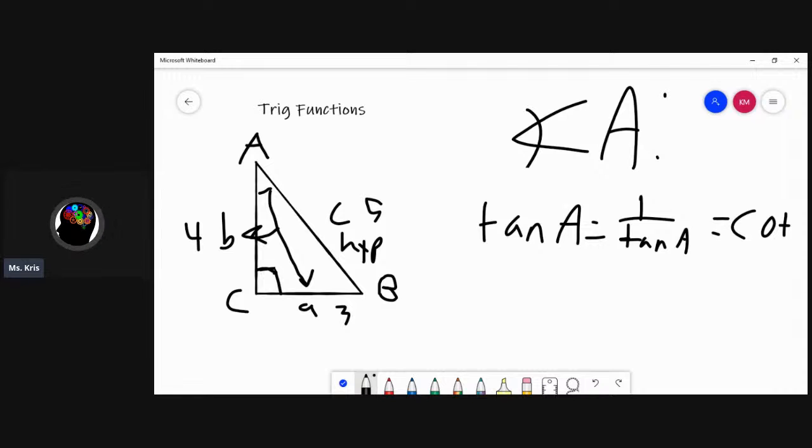Cotangent, of course, is 1 over tan A. Also, cotangent is denoted as COT. So you have secant, SEC, cosecant, CSC, and cotangent. Those are the second set of trig identities, which are the flipped versions of the first original trig identities.